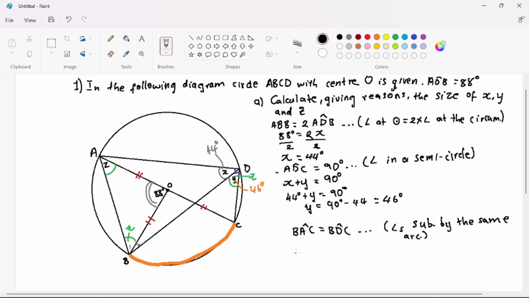Our BAC is going to be Z, and our BDC is going to be Y, and we know that Y is equal to 46. So there are many ways to solve this question, guys. I feel like we can do more than 2 strategies to get Z.